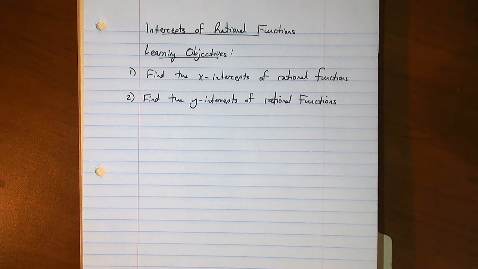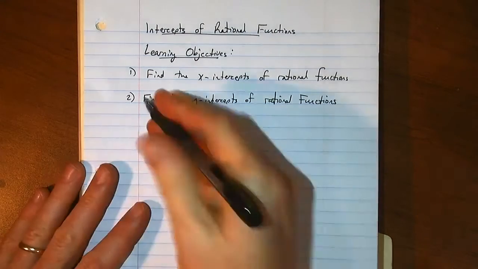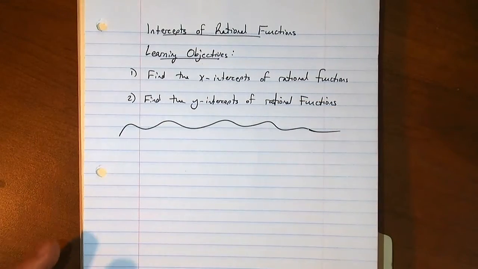All right, so with all of that said as a preliminary piece of information, let's take a look at the learning objectives and let's get started. 2 learning objectives in this video, as you can probably guess: find the x-intercepts and find the y-intercepts. Those are our learning objectives, okay? And so as I said just a minute ago, we really already know how to do this.